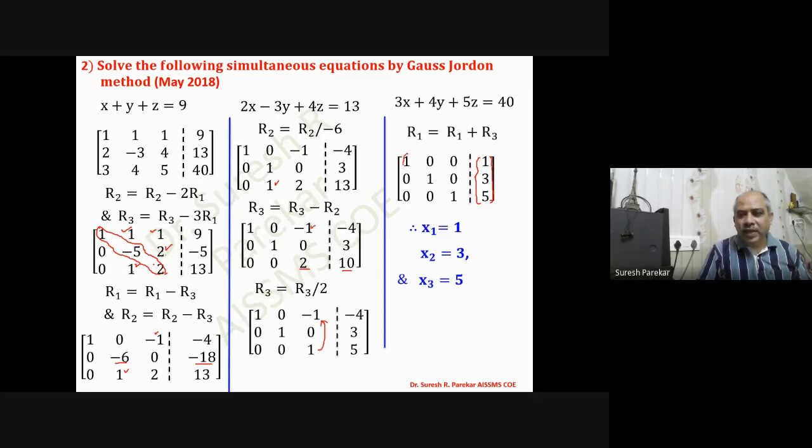Because now the diagonal is 1, I have 1, 0, 0, 0, 1, 0, and 0, 0, 1, times x1, x2, x3, equal to 1, 3, 5. And then we get x1 as 1, x2 as 3, and x3 as 5.